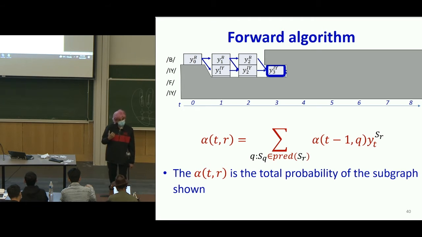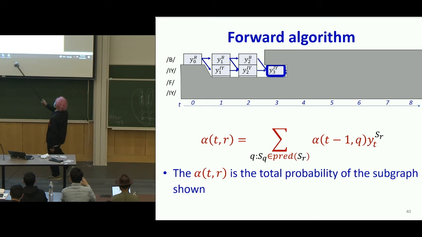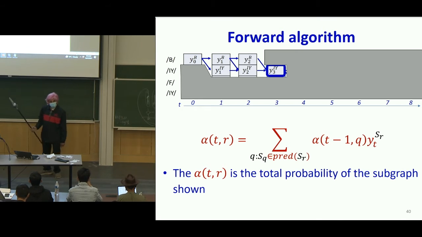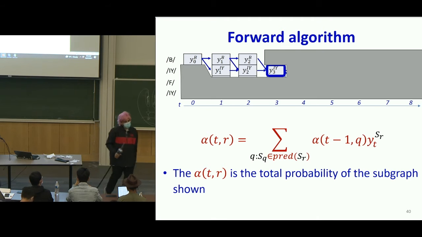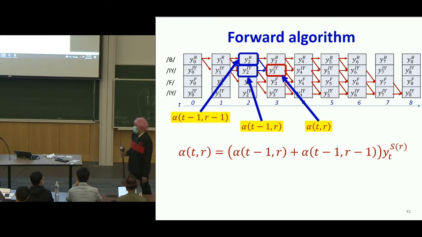One is in the same row at the previous time. One is in the earlier row at the previous time. So you can go through those parents, and the term you would be adding is the alpha term at the parent times the current symbol probability. Let's apply this specific rule to this graph.